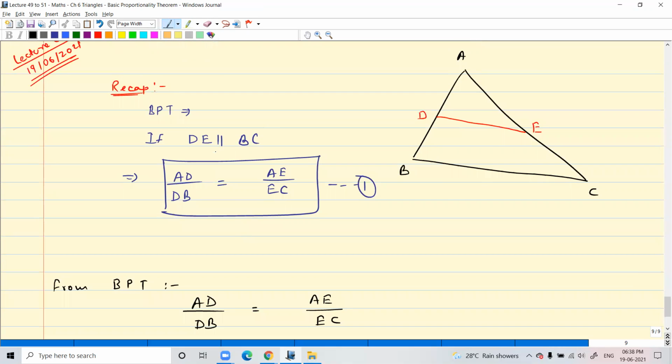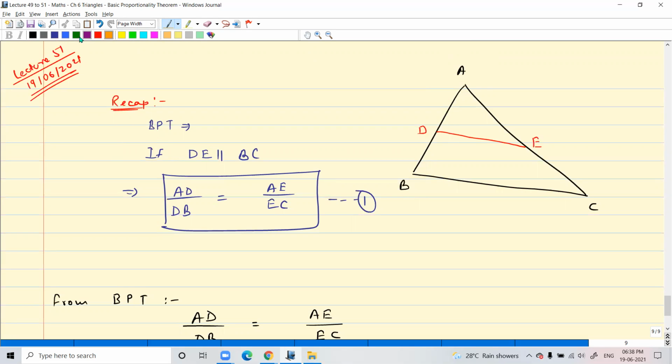So to make this simple, instead of writing AD and DB, let me give them some names. This length AD, I'm going to call it a. AD is equal to a. And from D to B, let's call it b. Let's do the same on this side also.